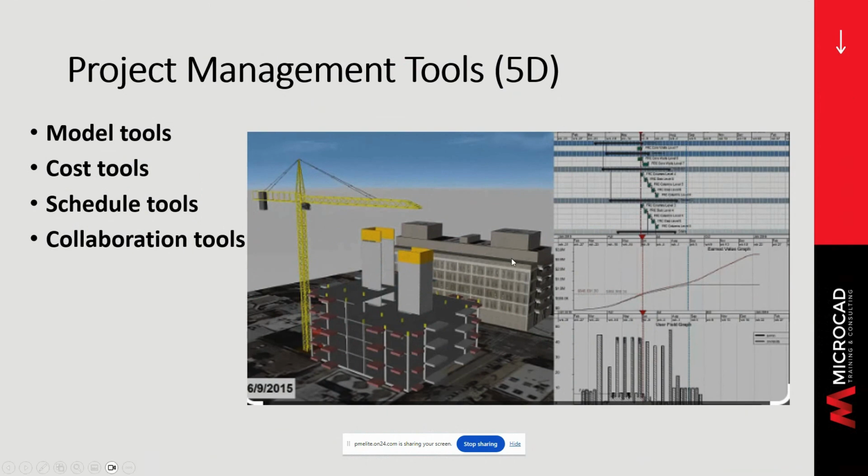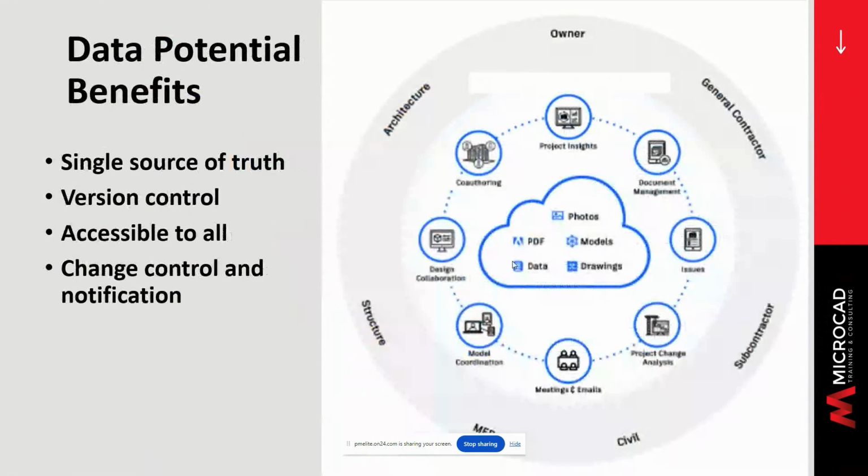If you can deliver up-to-date data to all players, what benefits can you expect? Probably the most important thing to do is to have a single source of information, something that everyone can access and be secure, knowing that they are getting the most current data, whether it's in the form of a model, a drawing, or a photo. This data platform must have version control with the ability to look at or possibly revert to prior versions.